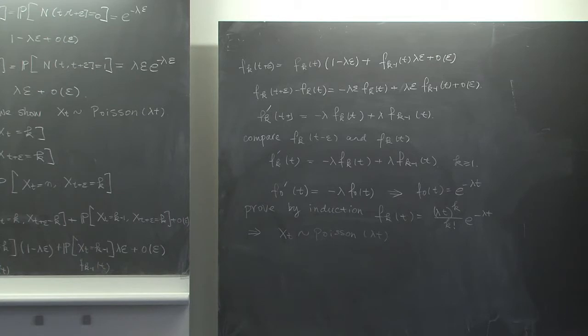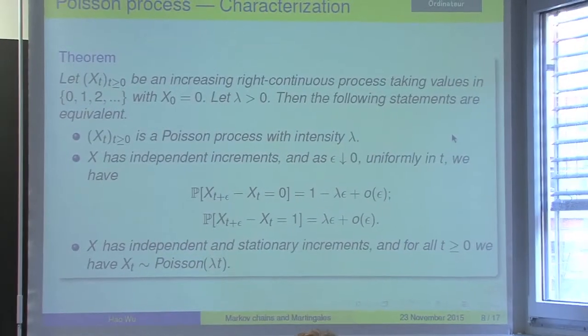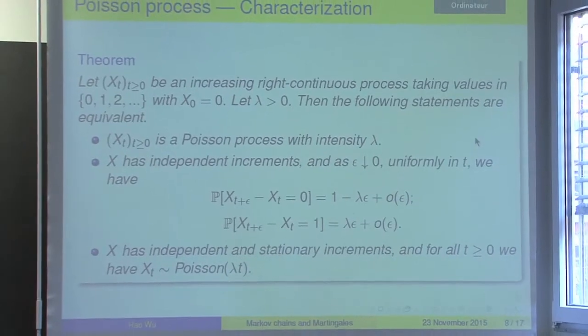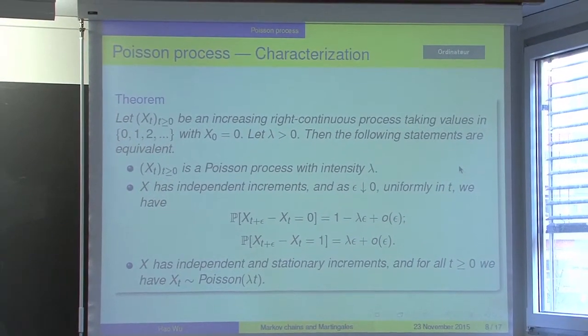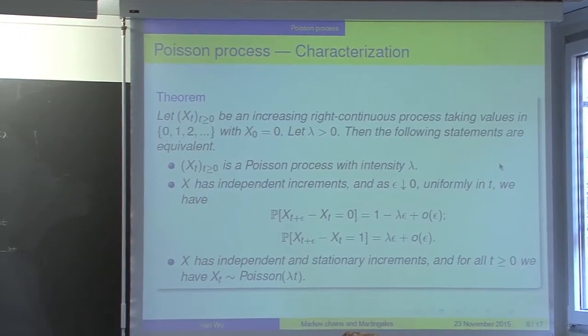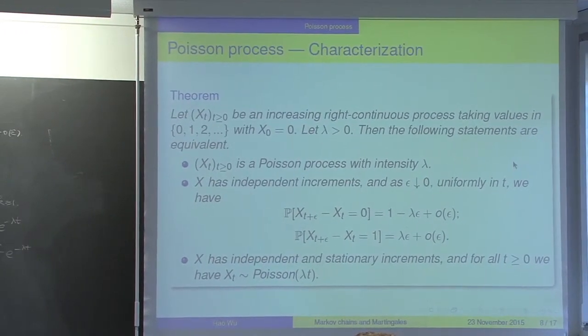So now we go from second to third. We already have, from the assumption, independent increments. And we just showed that X_t has the right law. The only remaining thing is we need to show that it has stationary increments.